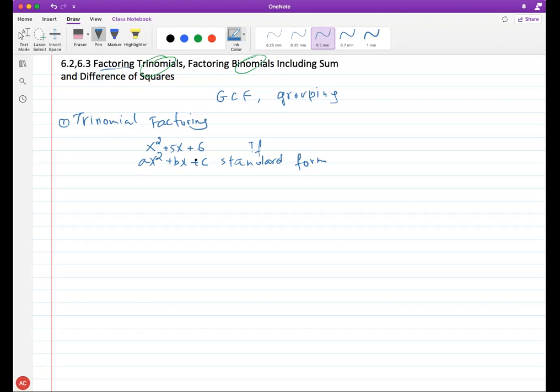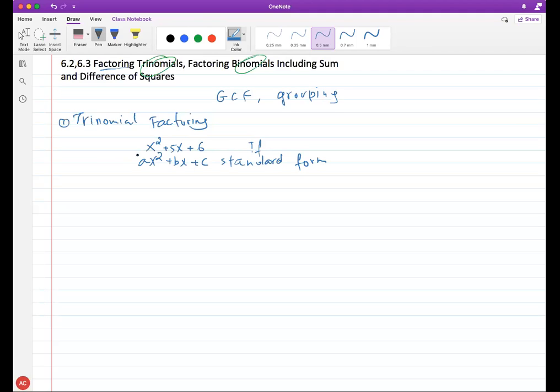So A, B, C are real numbers. In the case of a trinomial here, what is the degree, by the way? What is the degree of this trinomial? 2. That's right. Degree is the highest power, which is 2.